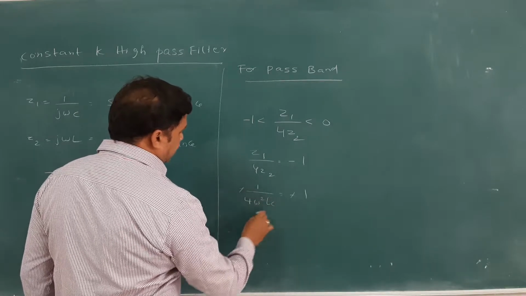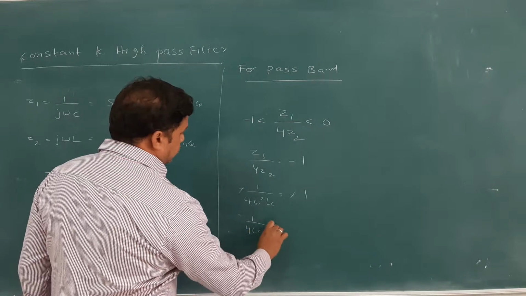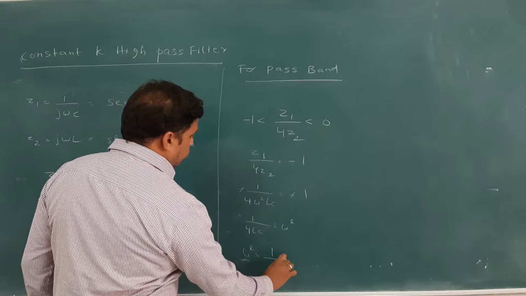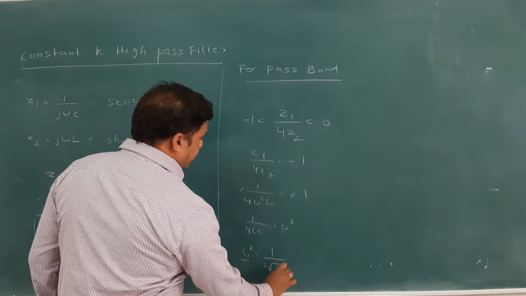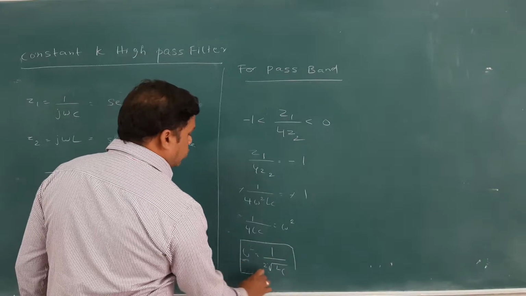Like this we cancel, and 1 by 4 LC is equal to omega square, so omega is equal to 1 by 2 root LC.